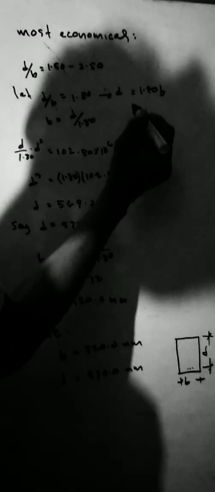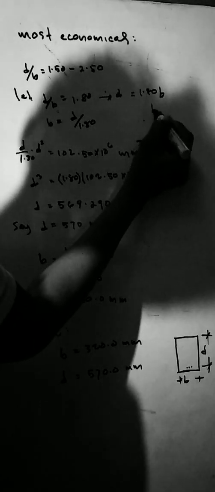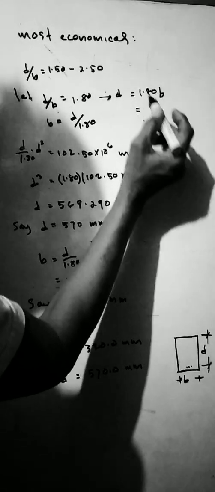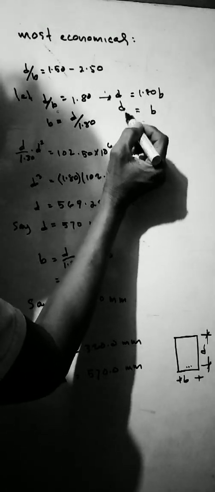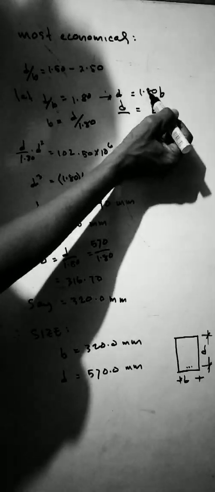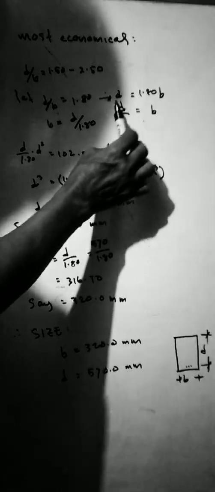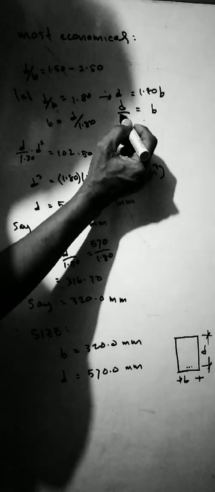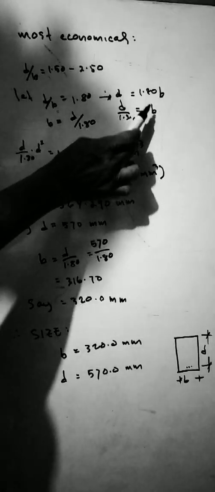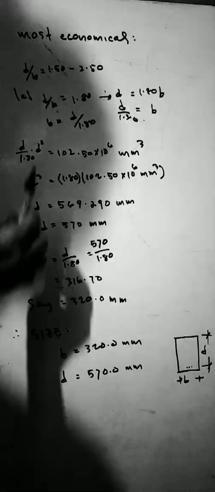Then for b, we will transfer this to the left side. d now is divided by, this is multiplication, so when you transfer the multiplication here, it becomes division, 1.8. So this is now the value of b, d over 1.80.